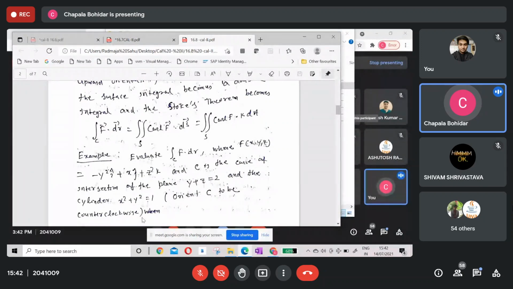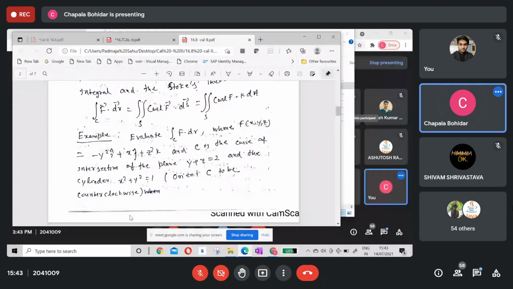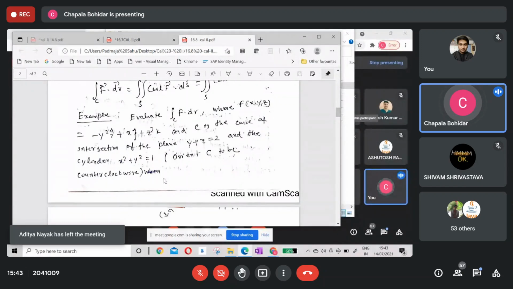Orient C to be counterclockwise. Counterclockwise means it is the positive direction.